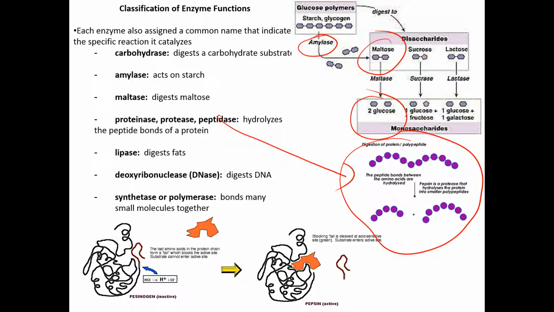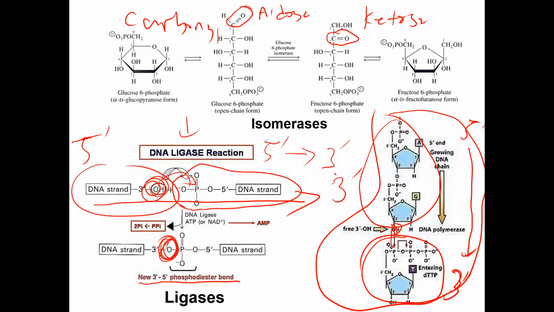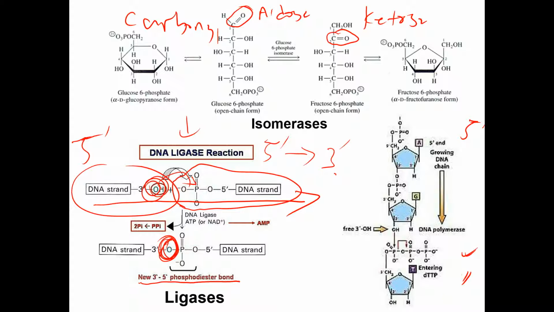You have DNases that will basically do the opposite of this reaction. Instead of lengthening the DNA one nucleotide at a time, your DNases come in and cleave these phosphodiester bonds and break apart the nucleotides.